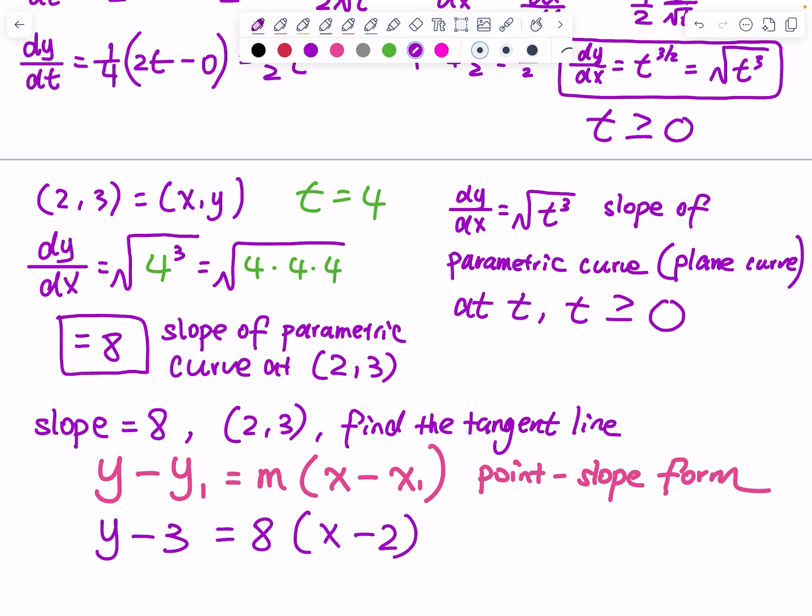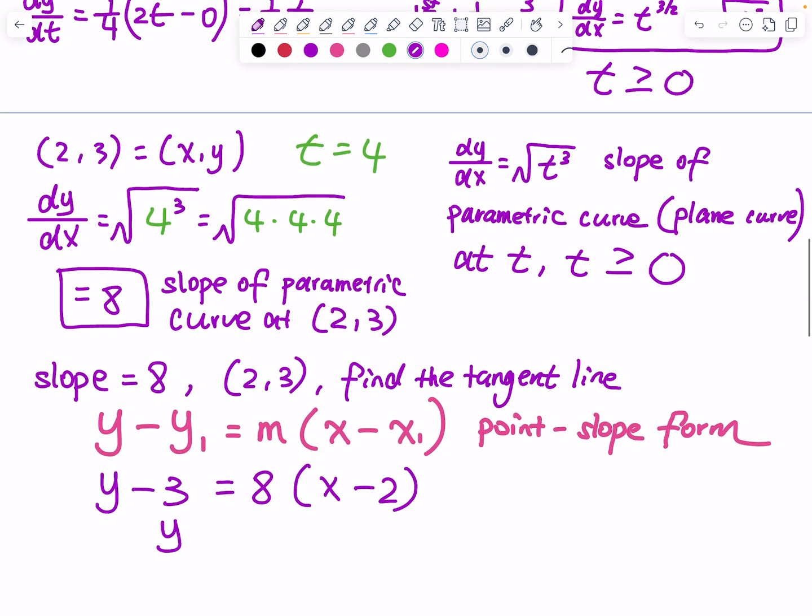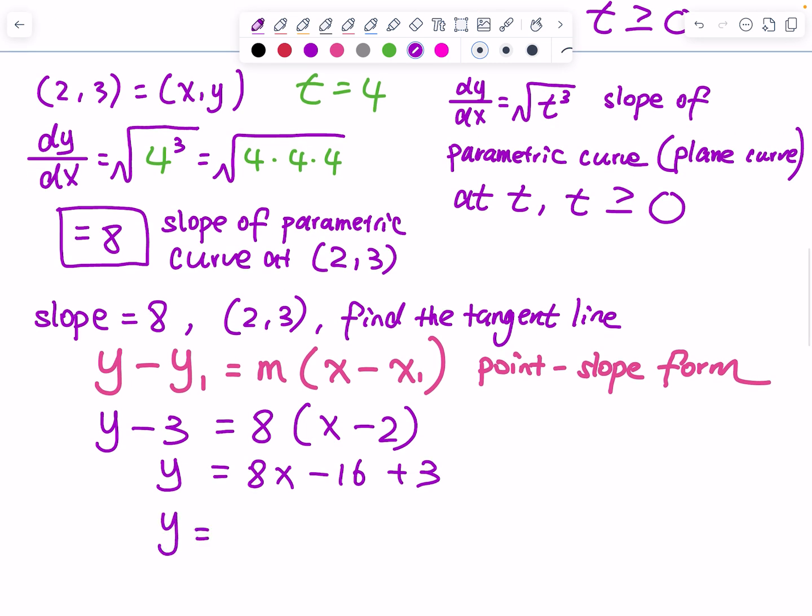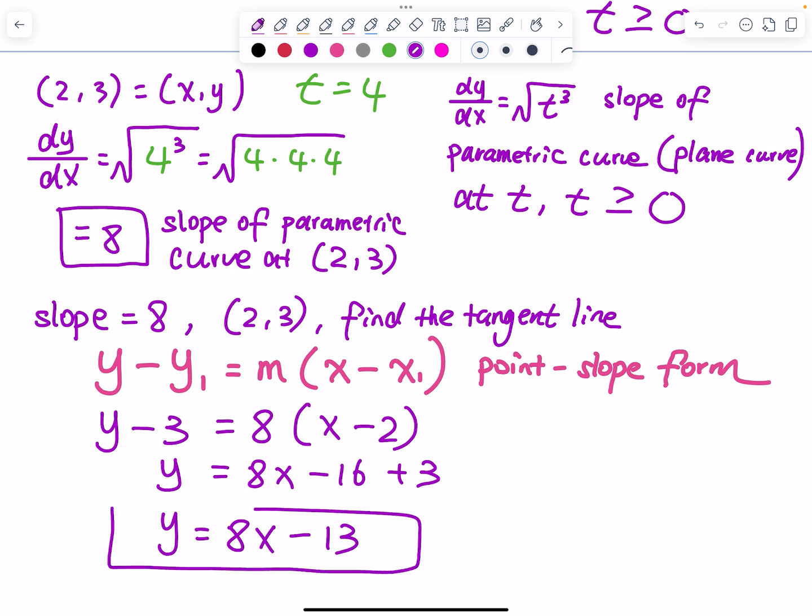And then we will just have to simplify that. You will get the slope-intercept form. y is equal to 8x minus 16, and then you add 3 to it. You have y equals 8x minus 13, and this is the slope-intercept form. And what is this? I said tangent line, right?